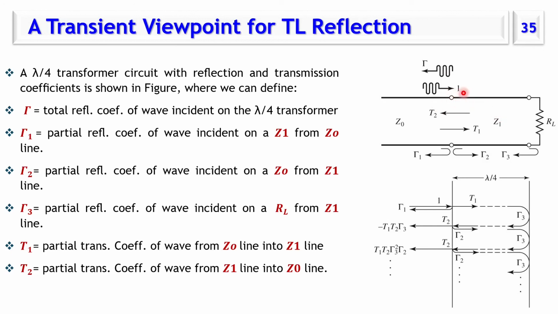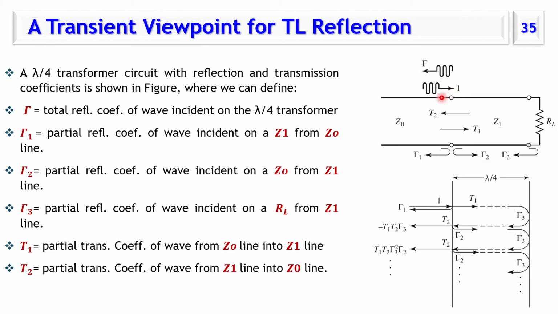It doesn't see Z input. In the transient case, the signal just sees immediately what is happening at this point. So when the signal reaches here, we have Z naught, then the impedance of this section is Z1. So the signal sees Z1 here, and the wave is propagating on Z naught.